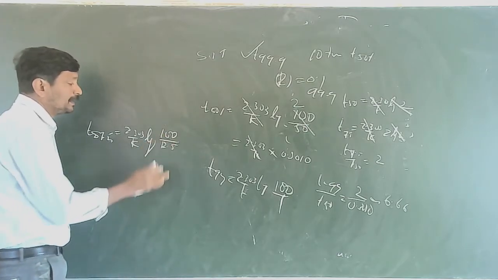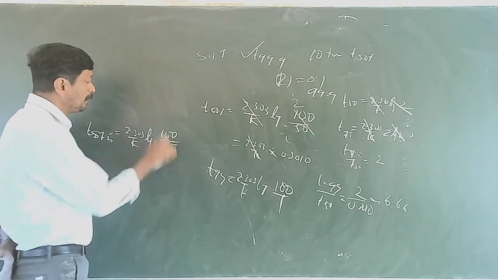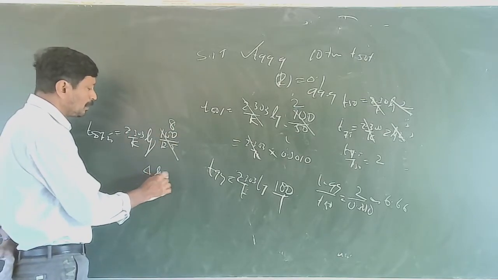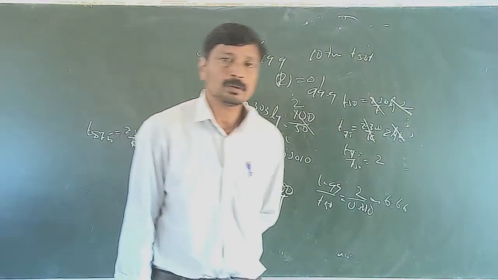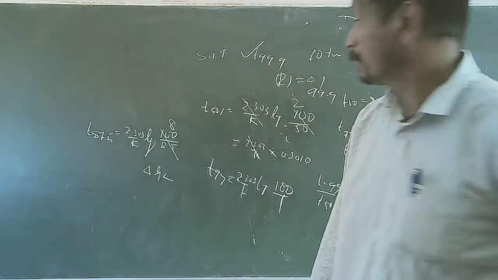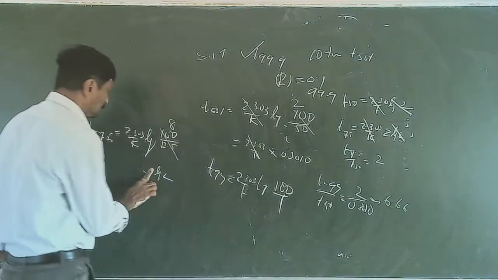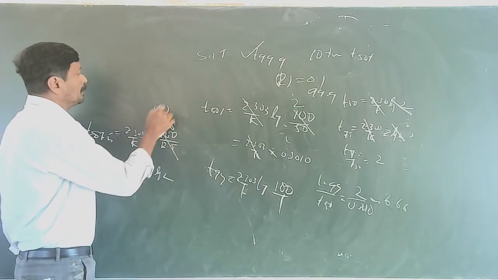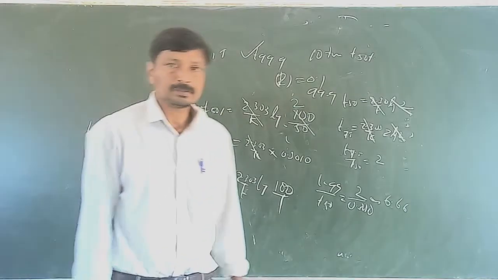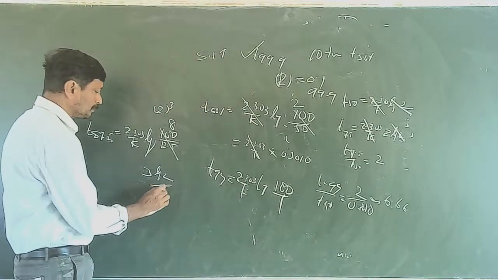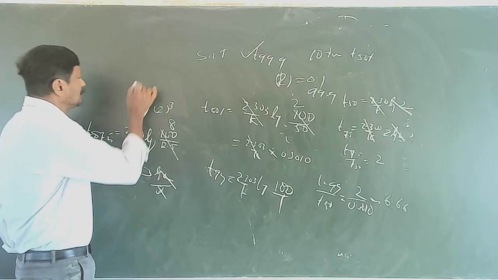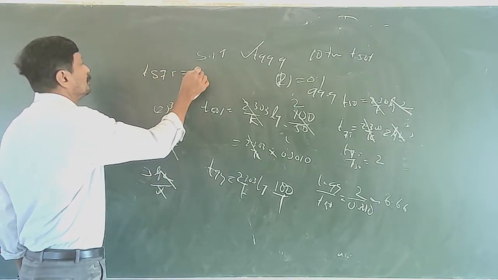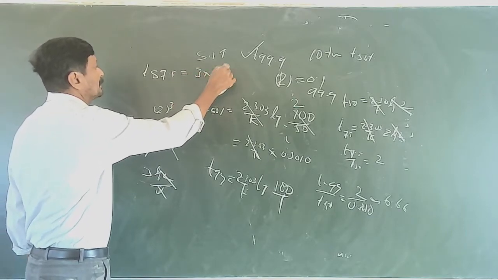So, R naught is 100, R is equal to 12.5. 100 by 12.5 means 8, and 8 is 2 to the power of 3, so 3 log of 2. For T 50% it is log of 2, so log of 2 gets cancelled. Therefore, T 87.5% is equal to 3 into T 50%.